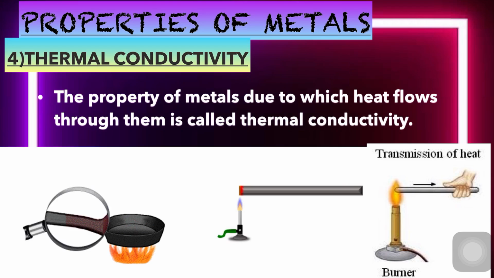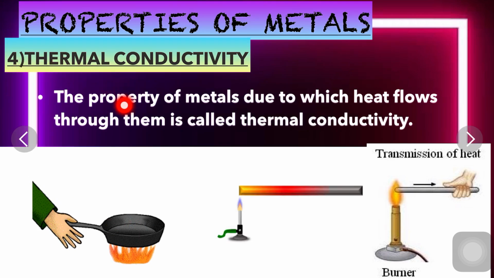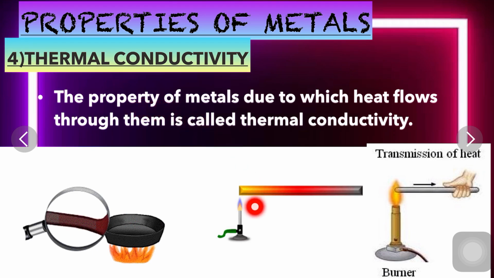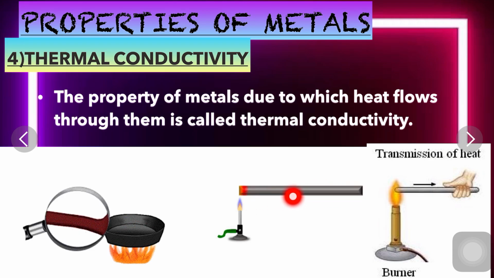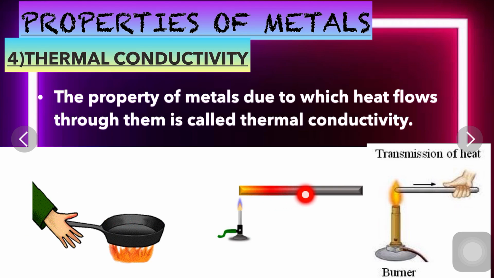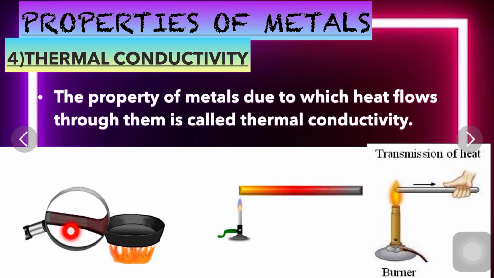Next is thermal conductivity. Students, even when a piece of metal is heated at one place, the whole of it becomes hot. It shows that metals allow heat to flow through them. This property is called thermal conductivity. Thermal means heat. Okay.